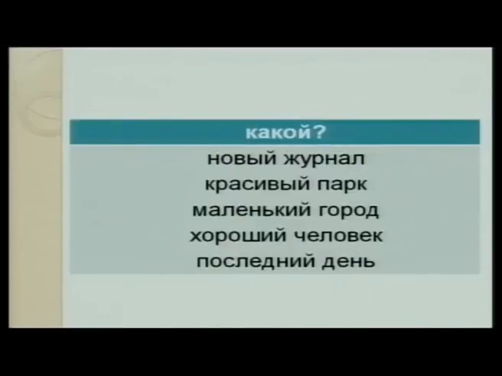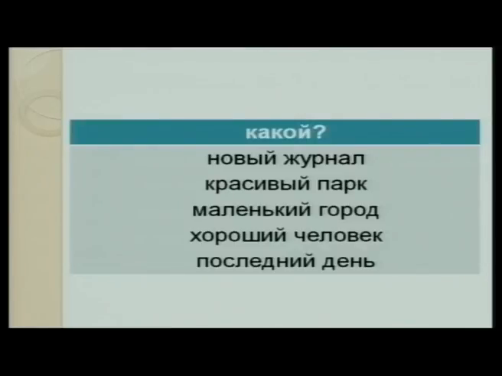Какой for masculine, какая for feminine and какое for neuter. For example, if I want to say какой, какая and какое in different contexts, I can use in masculine gender such as новый журнал, какой журнал, новый журнал, какой парк, красивый парк.